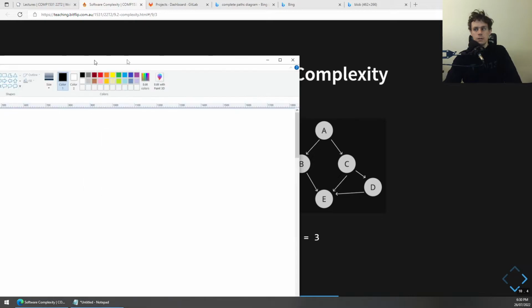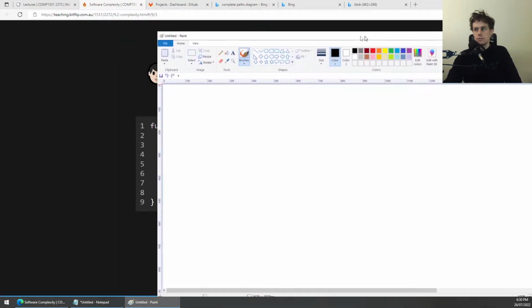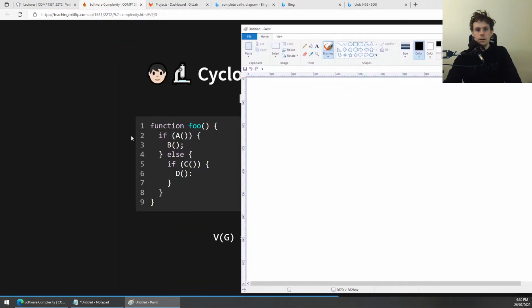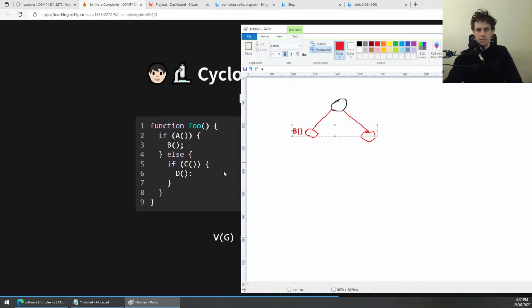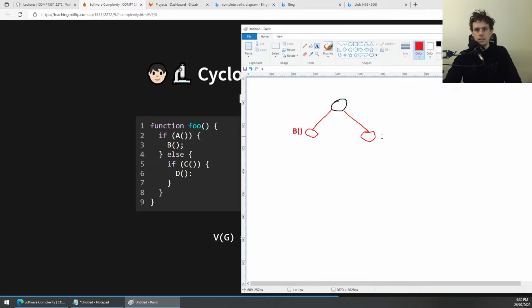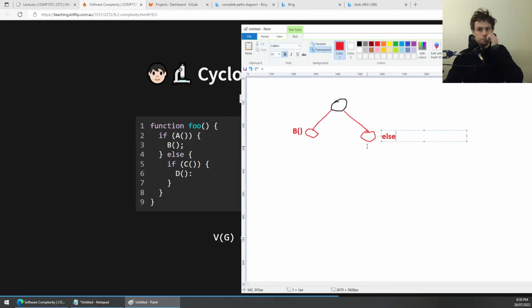So what we might do over here, for instance, is say, well, I know that I'm going to have to start here with that if statement, but I'm either going to go into this part or I'm going to go into this part. And I could annotate this any way I want. If I go into this part, that's the part where I call B. If I go into this part, that's the part where I call else.